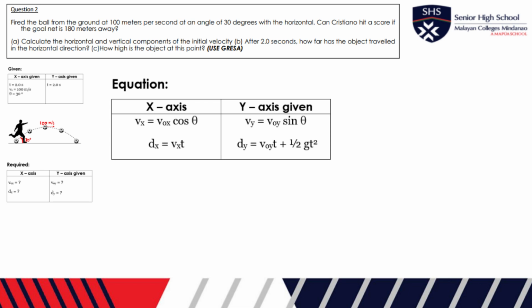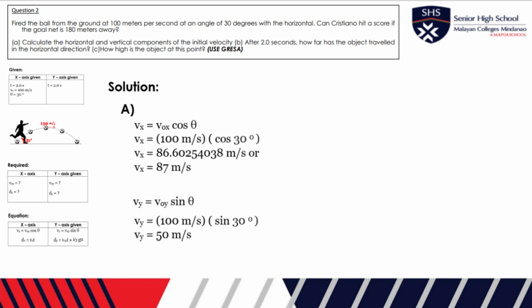And also, we need to have the equation of d sub x is equivalent to v sub x multiplied to t, as displacement is being asked. Now, in y-axis, we have here v sub y is equivalent to initial velocity multiplied to sine theta, and another equation, you got it there. Now, let's try to solve each item or each letter.